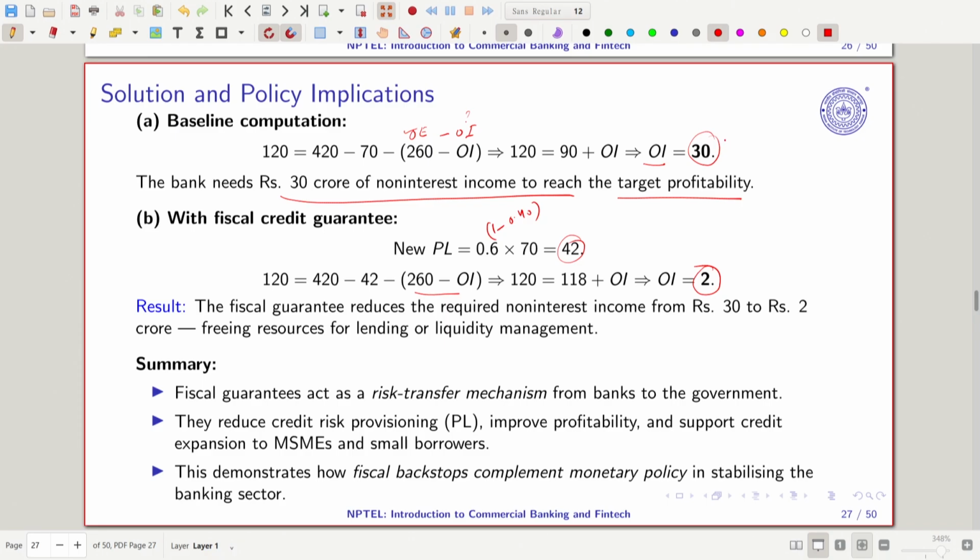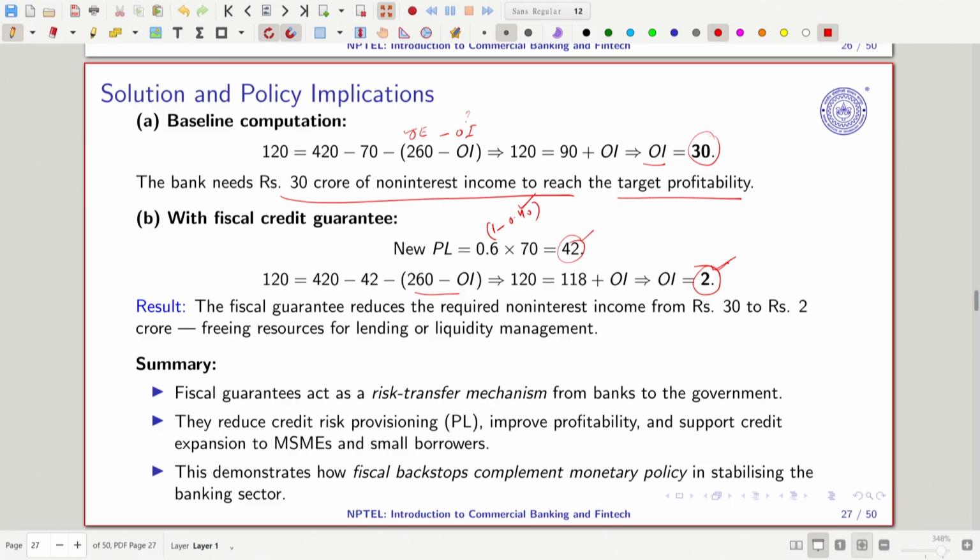But after the credit line, in which the government gave 40%, whatever provision banks are making as losses, they only have to take care of 60%, which results in the 42 crore. And after that, to meet the target, the bank has to earn non-interest income of just 2 crore.